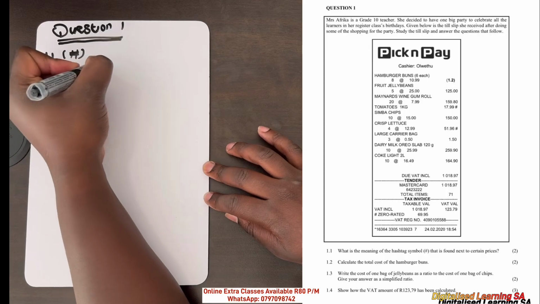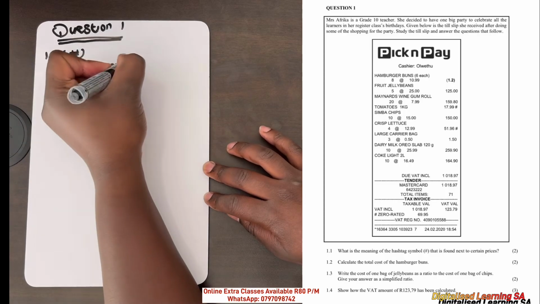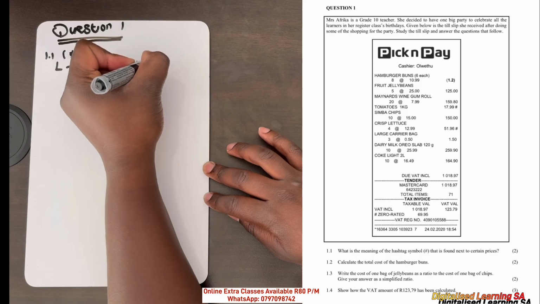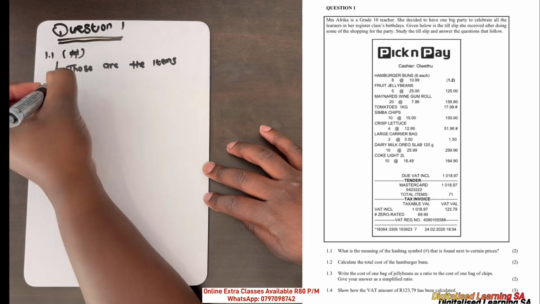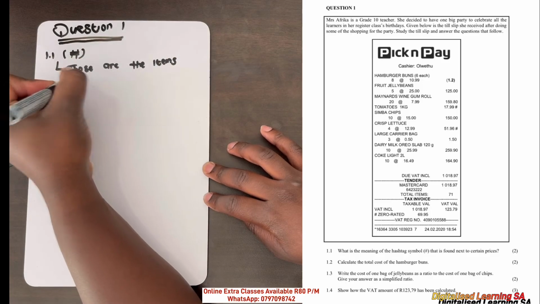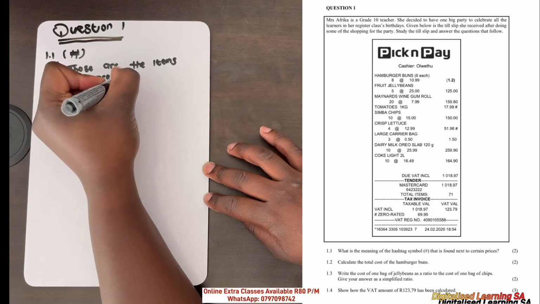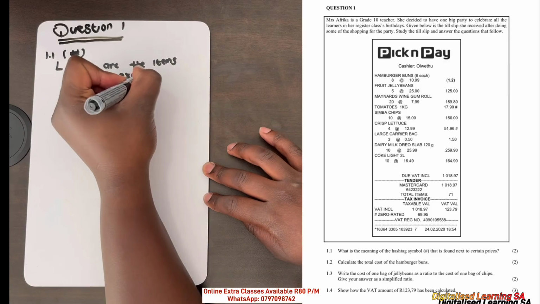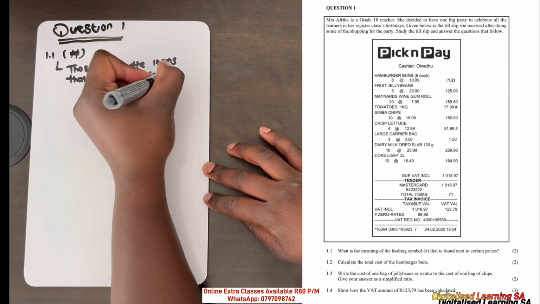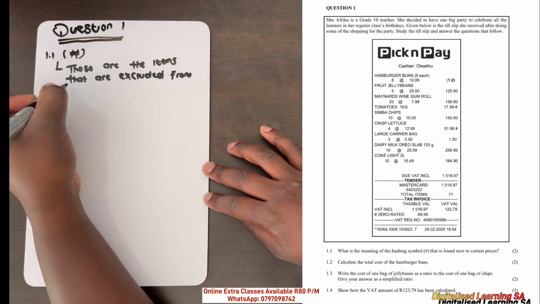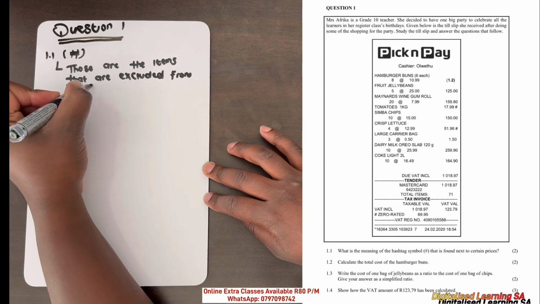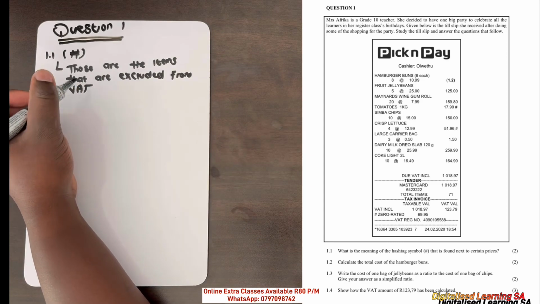Those are the items that are excluded from VAT, meaning that when we calculate our VAT, we need to exclude these items.